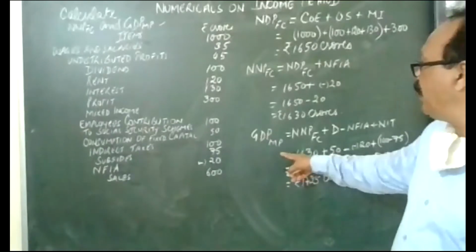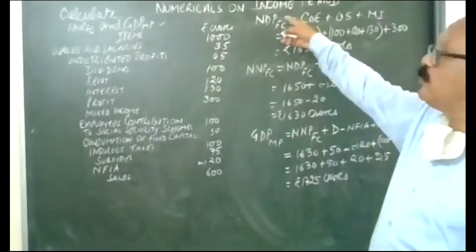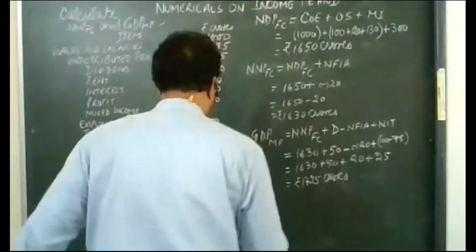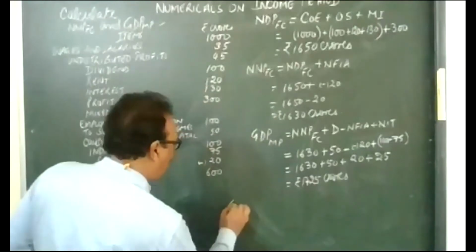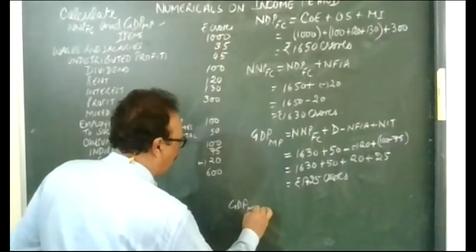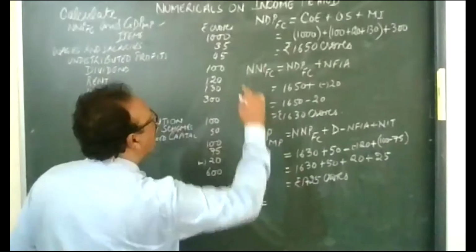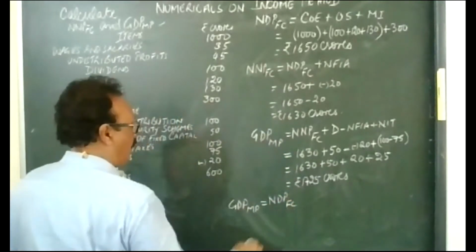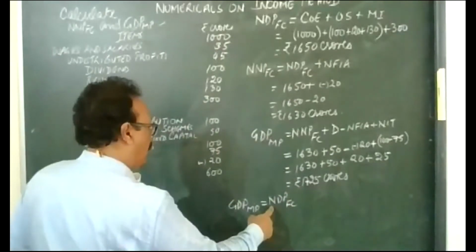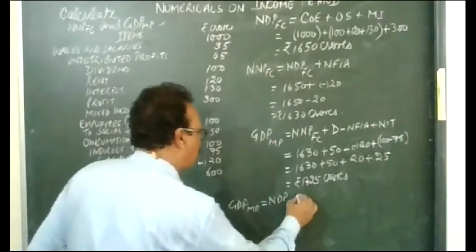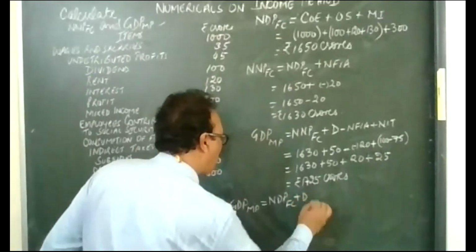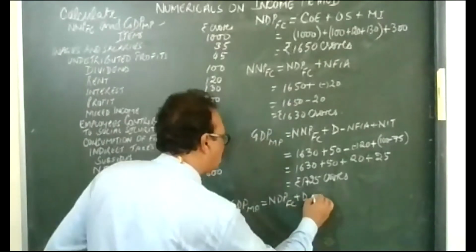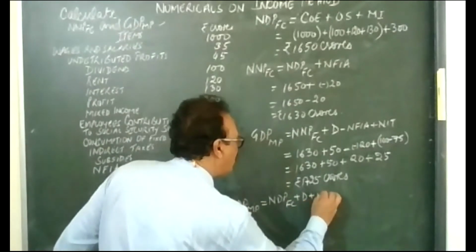You could also calculate GDP at market price using domestic income. If you want to calculate it from NDP at factor cost, how do you get the formula? Net to gross, plus depreciation; factor cost to market price, plus NIT.